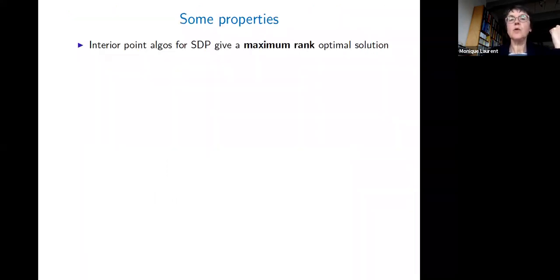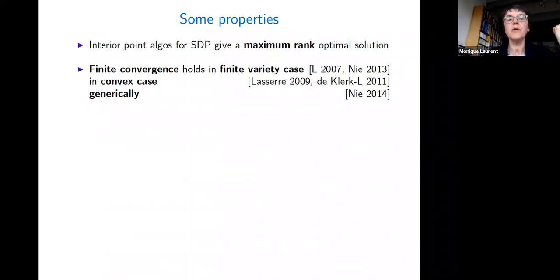Okay, so this is concluding my general approach on polynomial optimization. Let me just give a few properties. First one is that interior point algorithms are going to give these maximum rank optimal solutions, which was nice to have, as I mentioned. Not only asymptotic convergence holds, but often finite convergence holds in several cases.